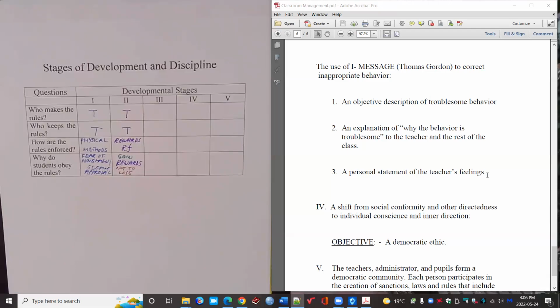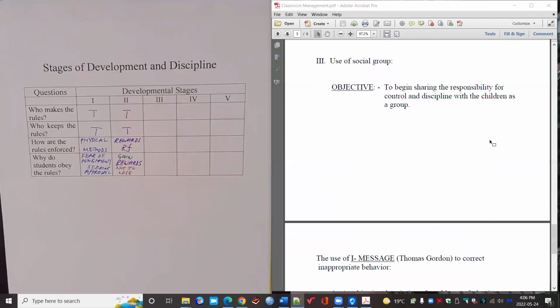So monitor your own conversation from time to time to make sure you're using I messages rather than you messages. And also monitor your students' conversations and guide them toward using more I messages. All right, so that is what I messages are. Okay.